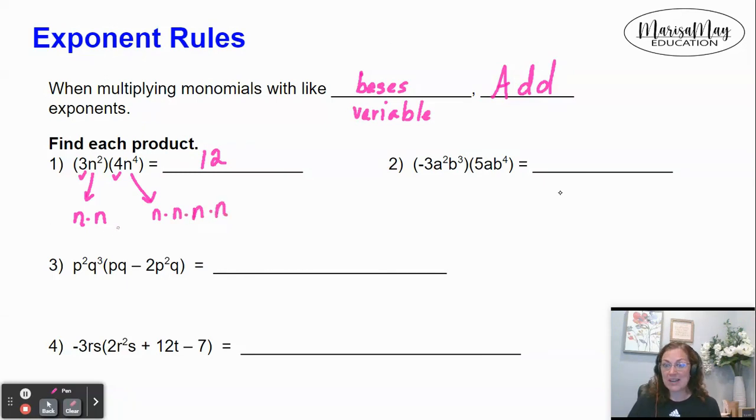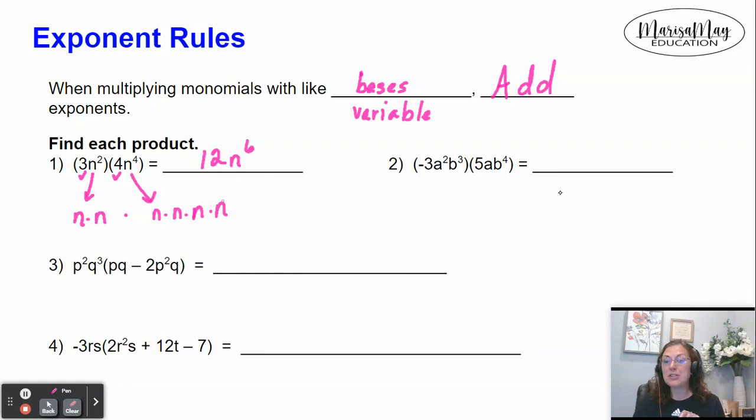So if you multiply these together, you're actually multiplying 6 n's times itself. So we would say that is n to the 6. Now the shortcut to that is I can just add those exponents. 2 plus 4 would give me the 6 here.